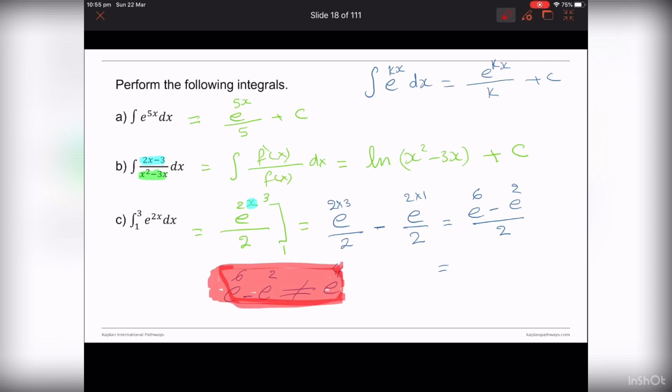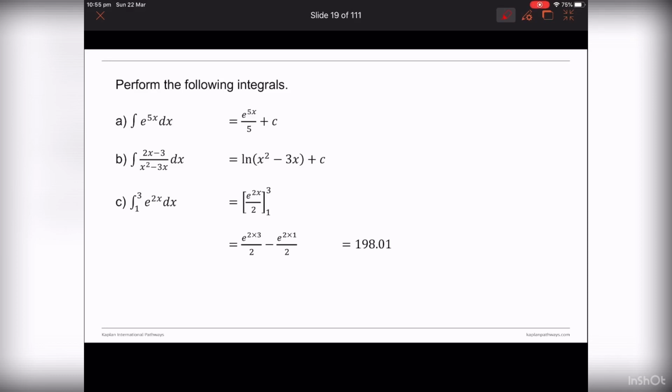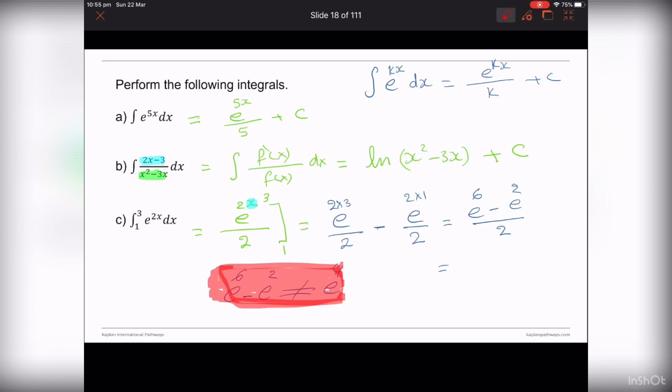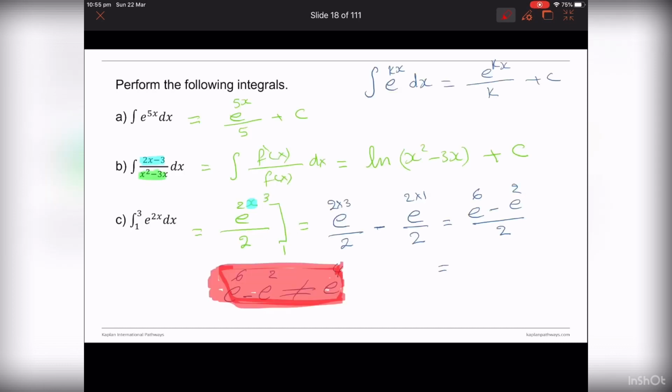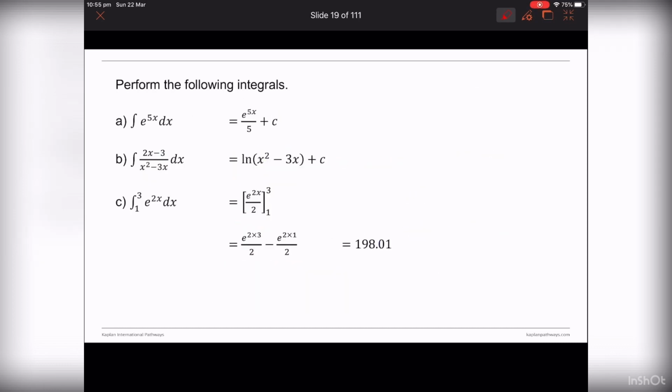Okay, so now I'm going to show you the answers here, right? That was for the first one, where we did e to the power 5x over 5 plus c. The second one, ln x squared minus 3x plus c. And the last one here, so these are the limits. And then we substitute the values of the limits, e to the power 2 times 3 over 2. And this is the answer if you just put these numbers in your calculator.